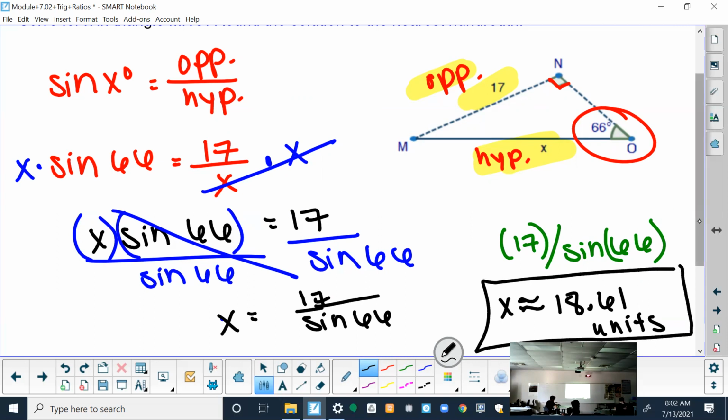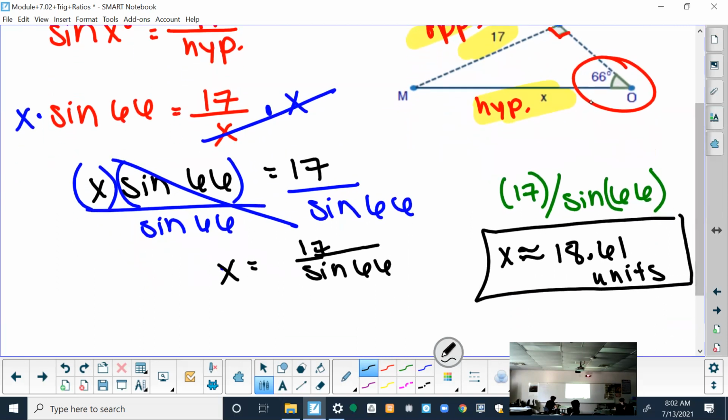All right, this is my final answer. That's what this side equals. 18.61 units. All right, anyone not get that on their calculator? No, a different part of the calculator.